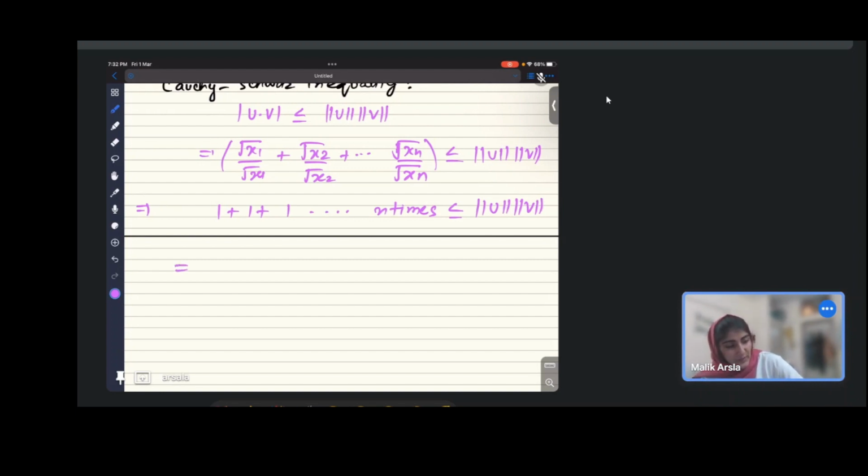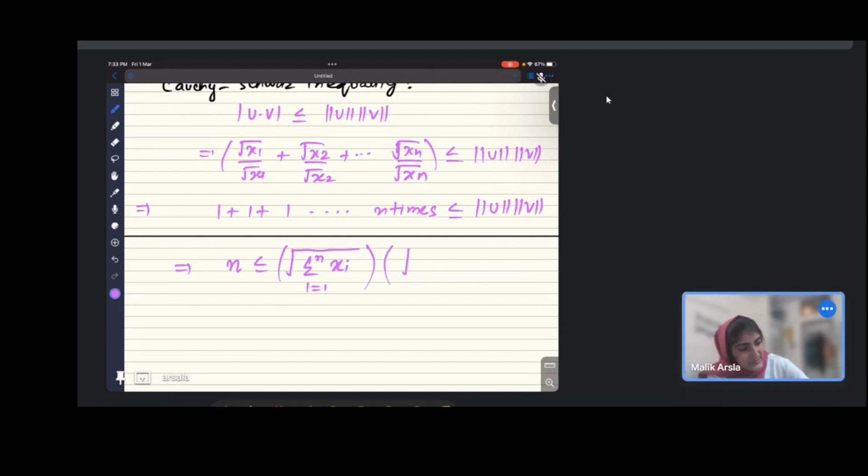Now again on the left hand side, this thing is n, and on the right hand side, what is the norm of u? We can say that the norm of u, Euclidean norm, is under root of summation of i running from 1 to n of xi, since it's given root xi, so root xi square is xi, correct? And similarly, what is the norm of v?